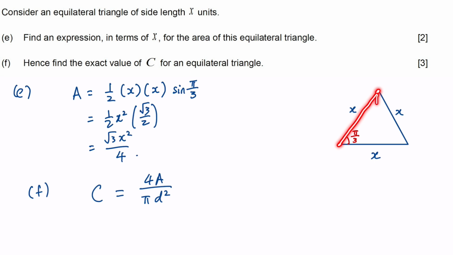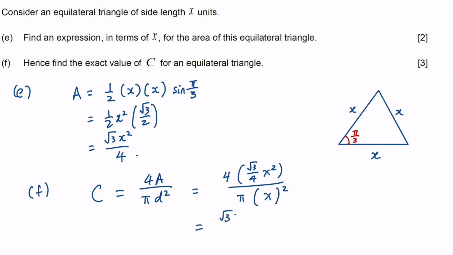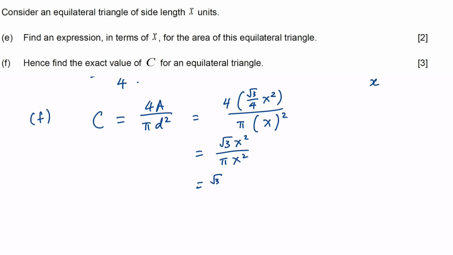This length is shorter than x, and if you try your best to find a longer length, it doesn't work. So D is equal to x. So the compactness is 4 times root 3 over 4 x squared over pi times D squared, which is x squared. So this is root 3 x squared over pi x squared. So that's root 3 over pi.